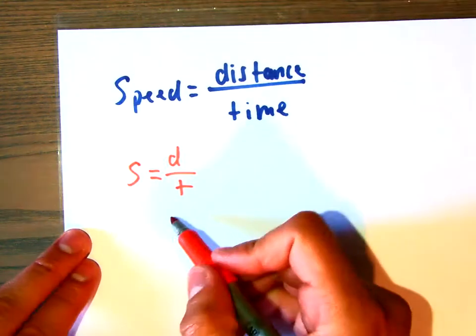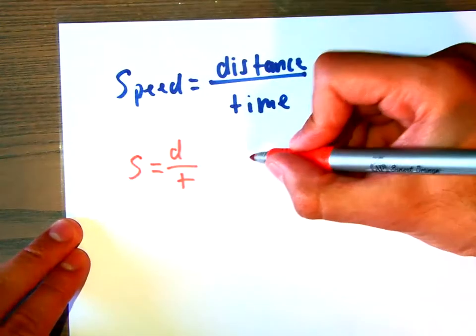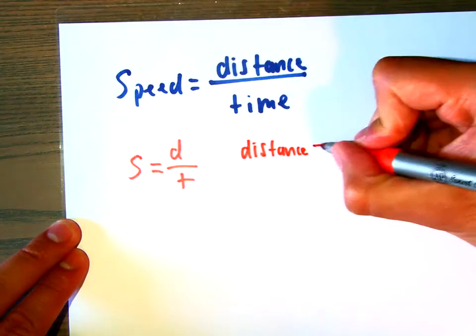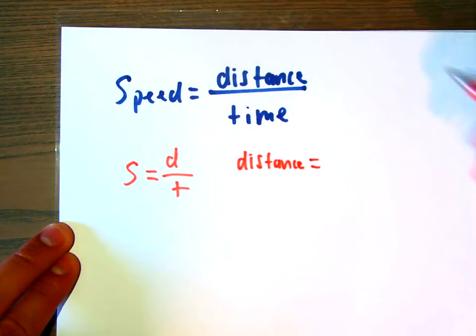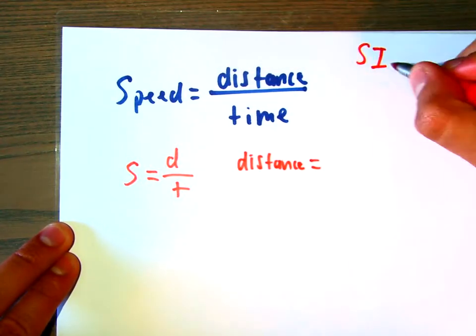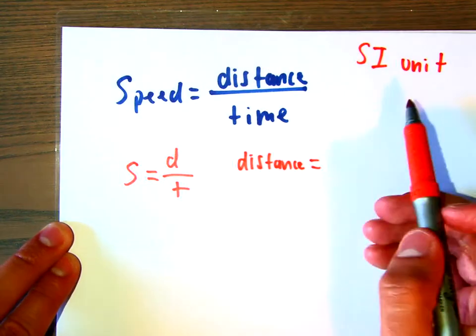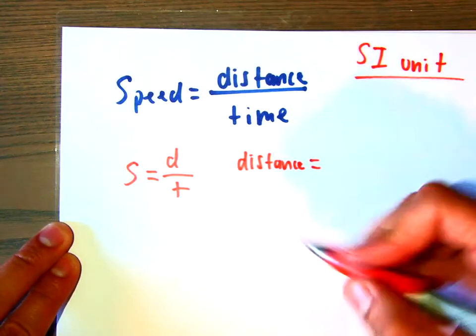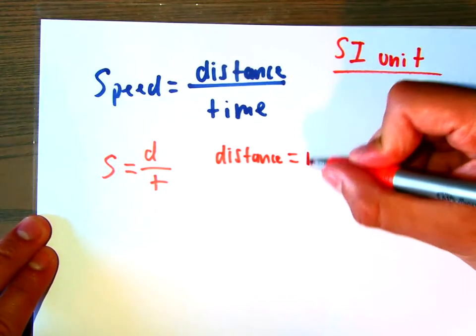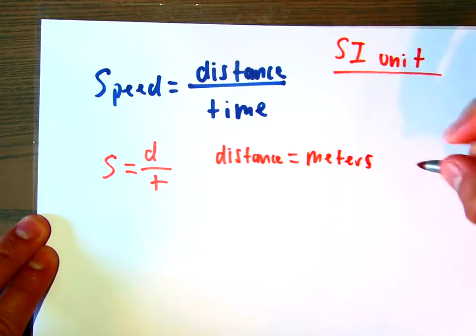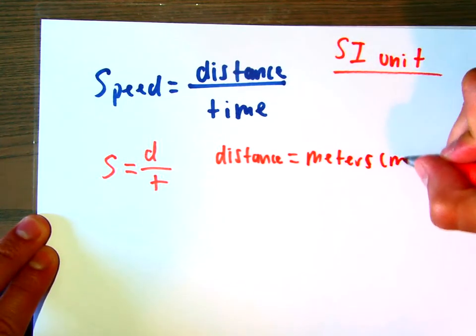Okay, so for distance, the unit that we use, our SI unit, our standard international units, what we use for distance is meters. Okay, meters, which will often abbreviate with a lowercase m.